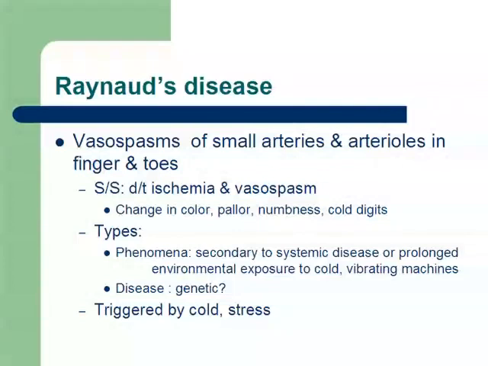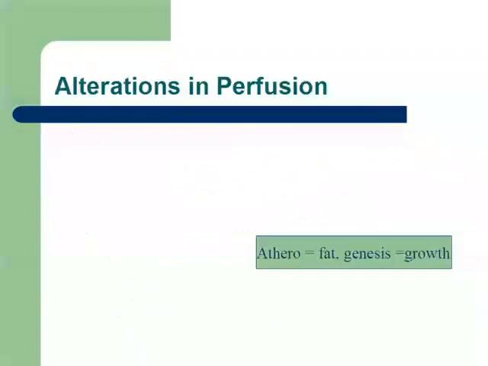People who work with construction on the highways, and they break up the cement and stuff, those vibrating machines can cause it. If it's the disease, Raynaud's disease, it is due to possibly a genetic component. But it is triggered by cold and stress. If you're in a warm, stress-free environment, you don't have any problems. When you're in the cold or under stress.